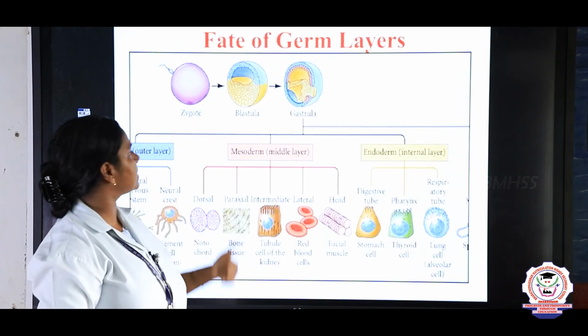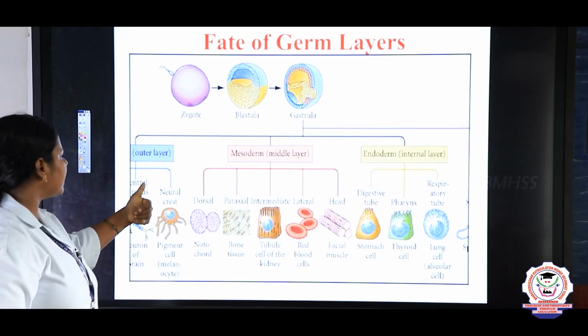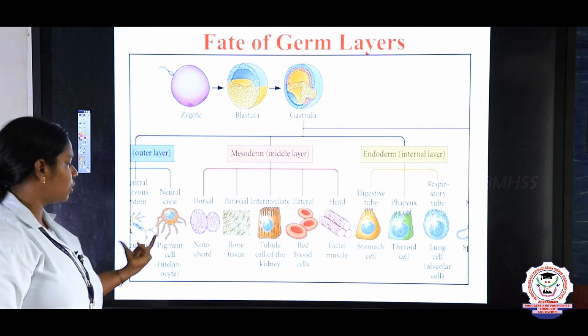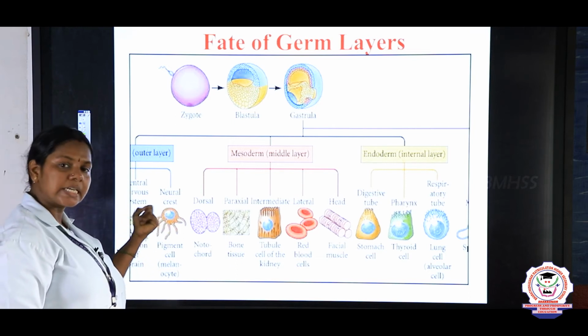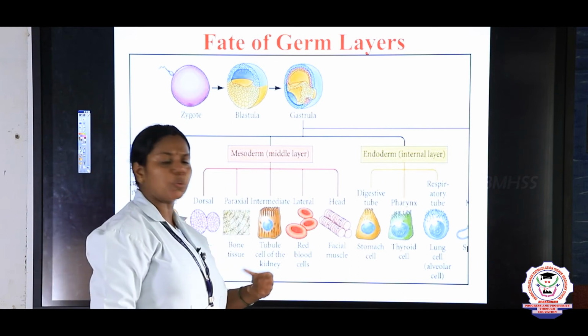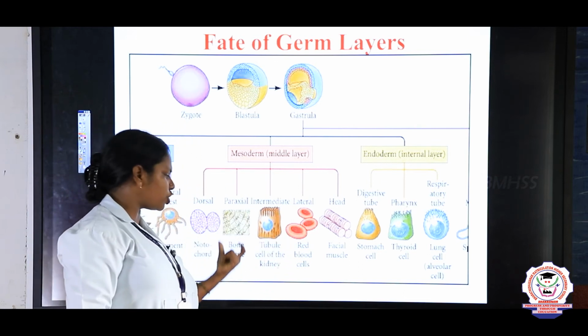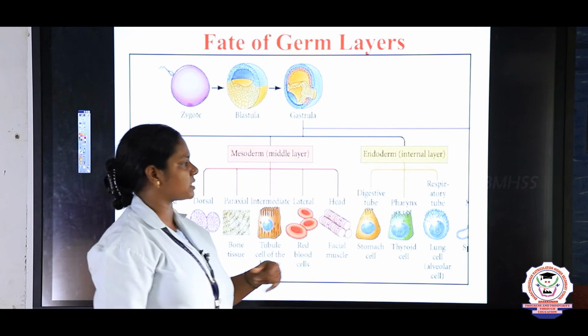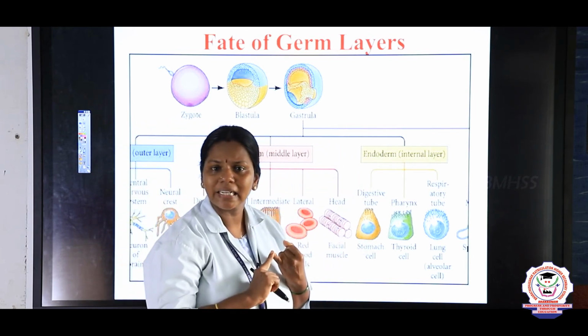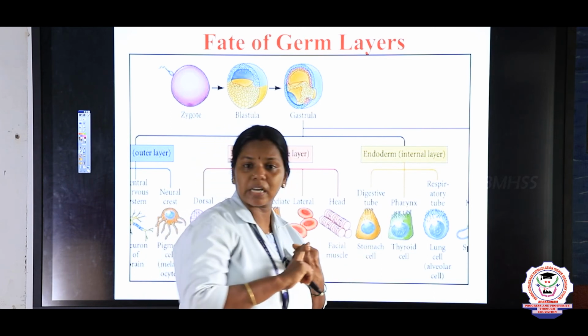And now we are going to see the derivatives. Here the outermost layer, that is the ectoderm, gives rise to brain tissues, that is the CNS and the PNS. And the mesoderm gives rise to the blood vessels, the bone tissue, the muscle tissues, etc. And the endodermal cells form the digestive tract and the respiratory tract.